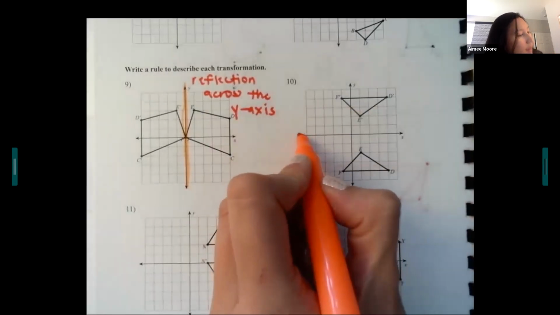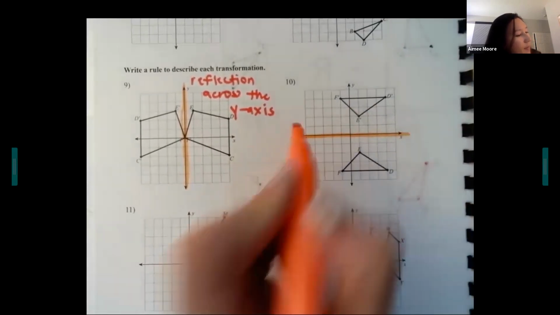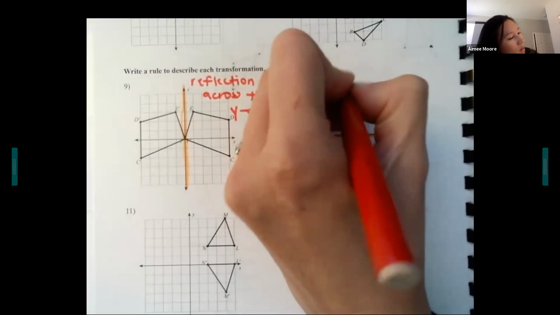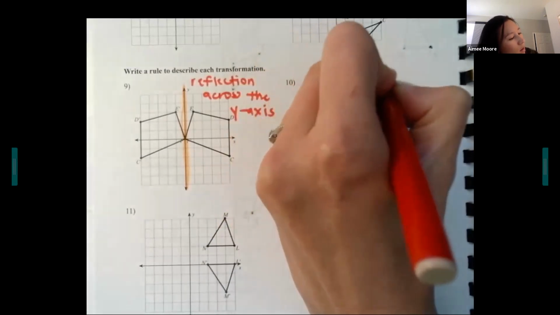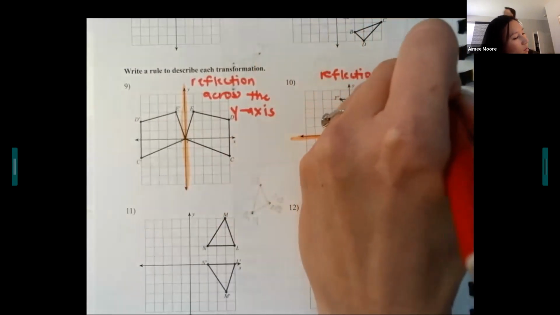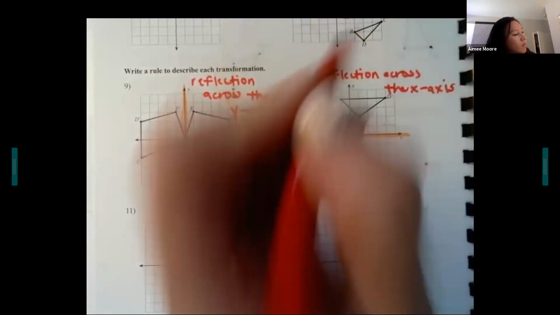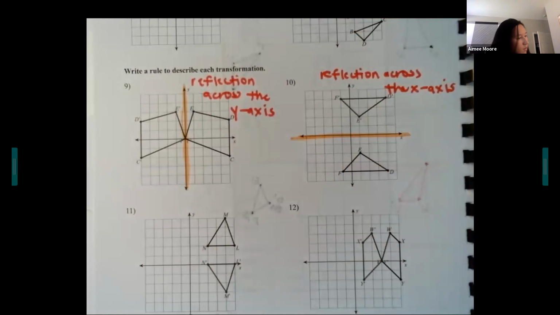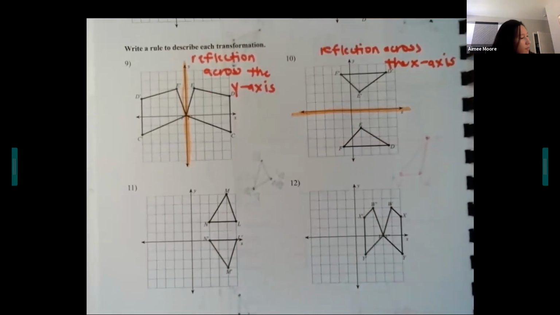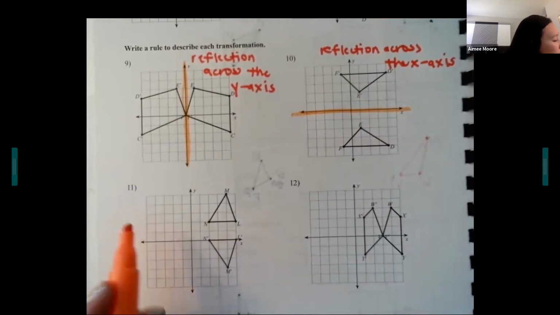Oh, the x-axis. The x-axis, right? Yep. So that one would be a reflection across the x-axis. Good.